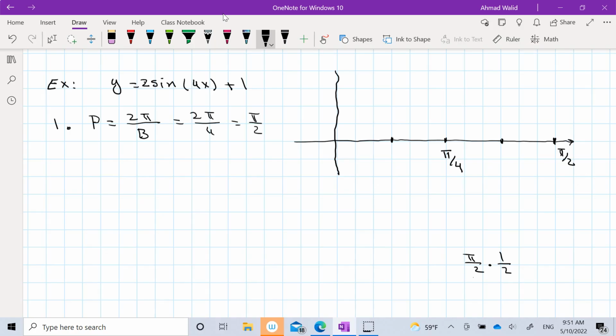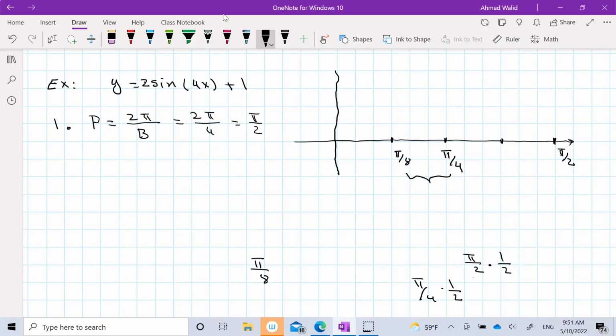Now, find the first quarter: divide pi over 4 by 2, or multiply it by 1/2, which gives you pi over 8. Correct? How to find the third quarter? I told you, you always add these two numbers.